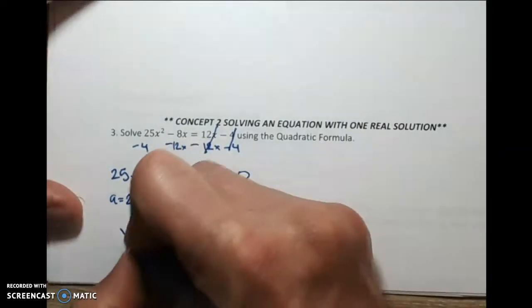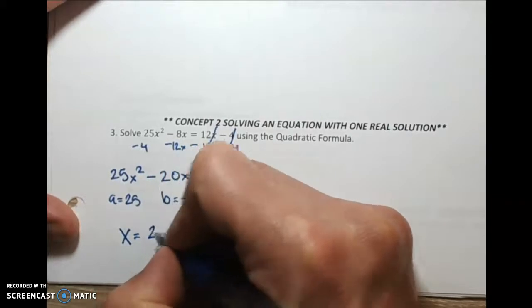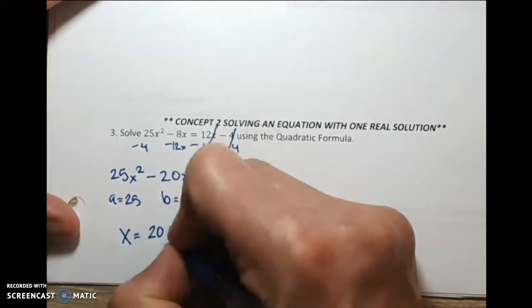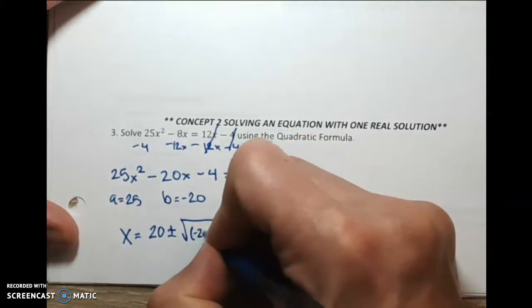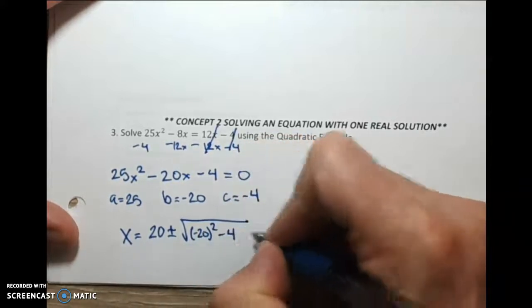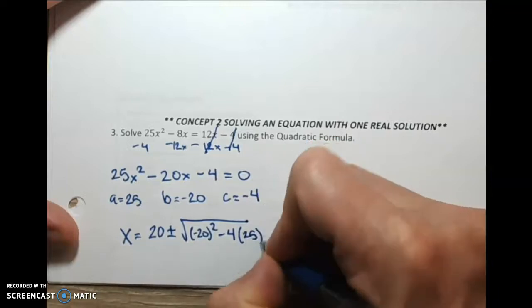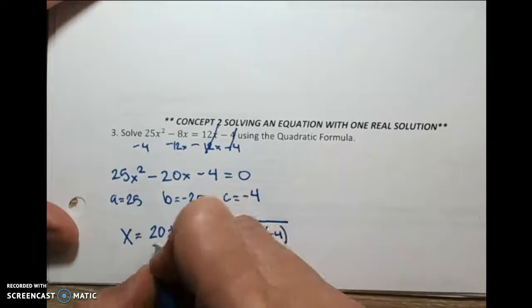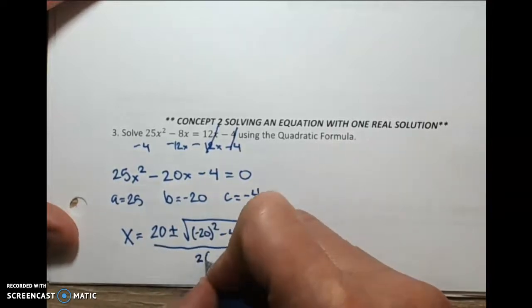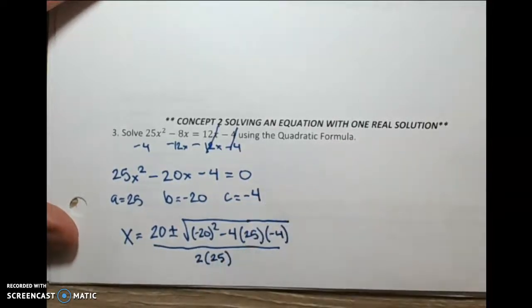Okay, I'm going to plug this into the quadratic formula. So x equals negative b, so it's really minus negative 20 or positive 20, plus or minus the square root of negative 20 squared minus 4 times 25 times negative 4. Just extend that line a little bit longer, all over 2 times a, which is 25.